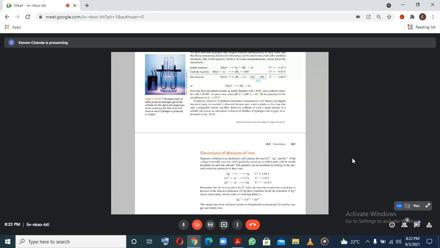So from these E values, we would expect the reduction of silver to occur the quickest, because the standard reduction potential for silver is the most positive of these three.